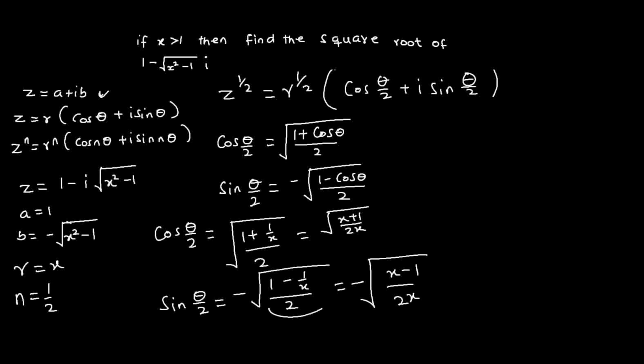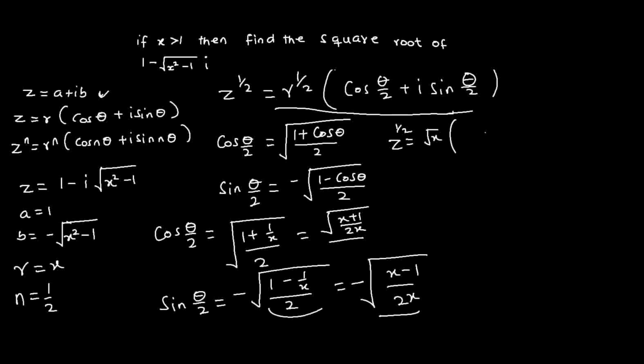From what we have here, we have cosine theta on 2 and then sine theta on 2 here. I'm just going to substitute this value and this value into this formula that we have up here. So we have z to the power half equal to r to the power half, and r is x. So x to the power half will be the square root of x.